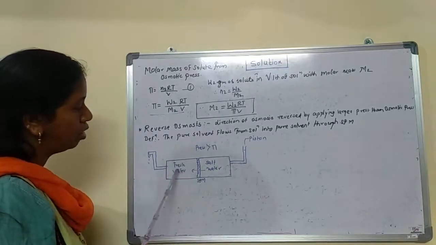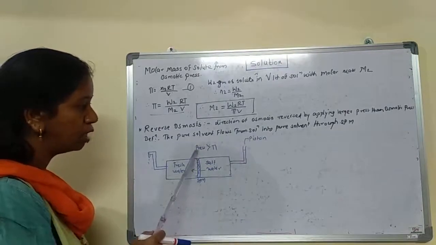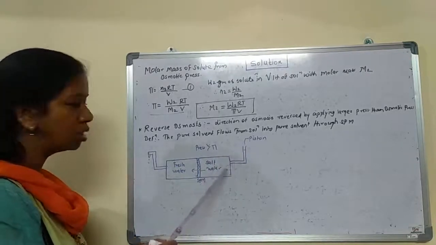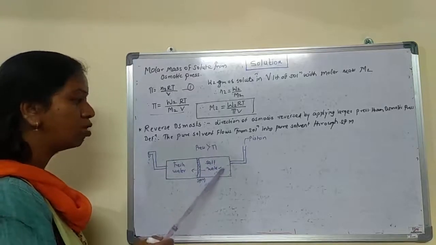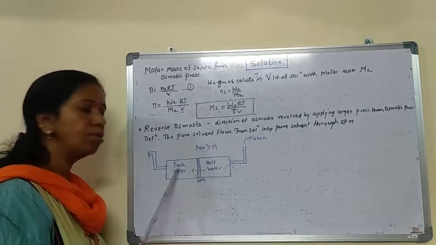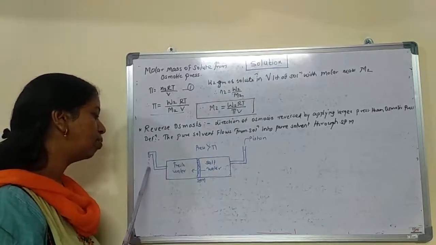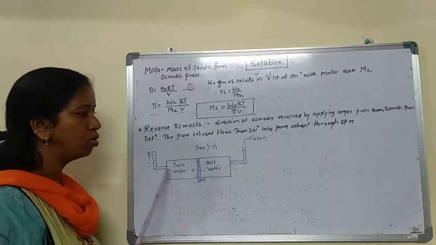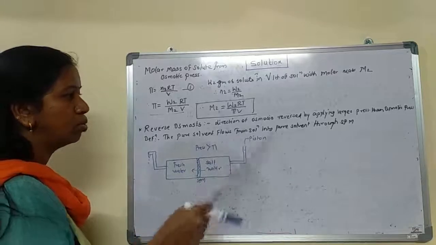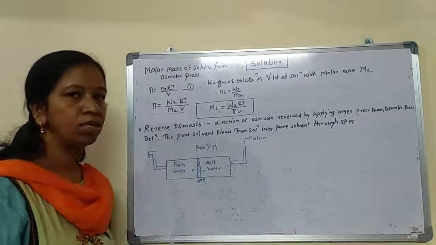If we apply a pressure larger than the osmotic pressure to the salt water with the help of this piston, then the solvent molecules from the salt water pass through the SPM into the fresh water, and as that level increases, the water comes out. This is called reverse osmosis, which takes place with a higher pressure than the osmotic pressure.